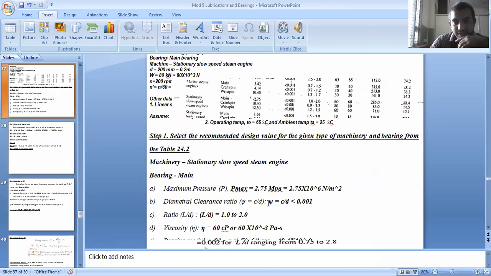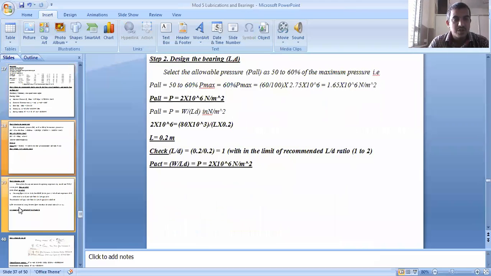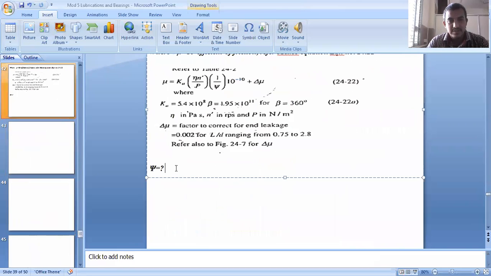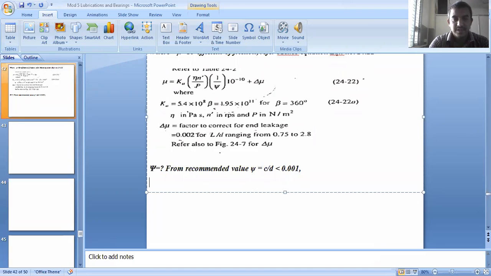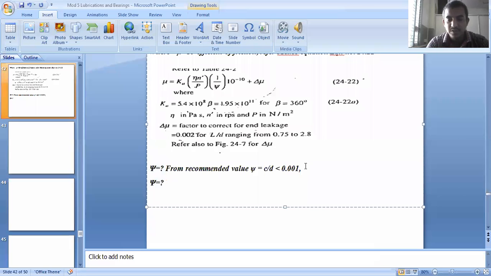From the recommended value, xi is C by D less than 0.001. Whatever value you consider should be less than 0.001.